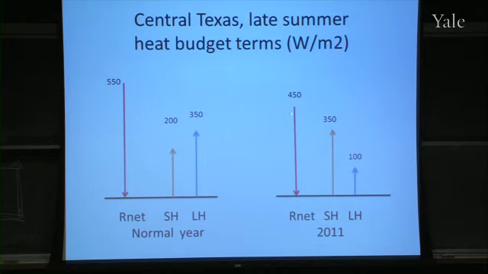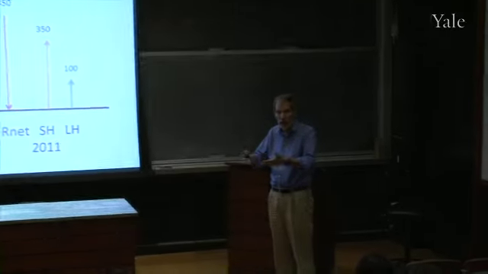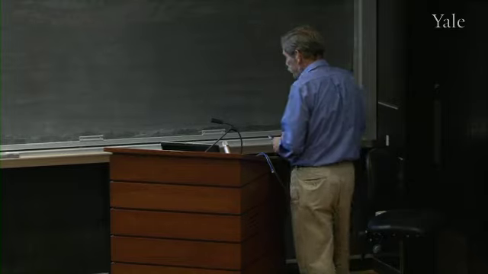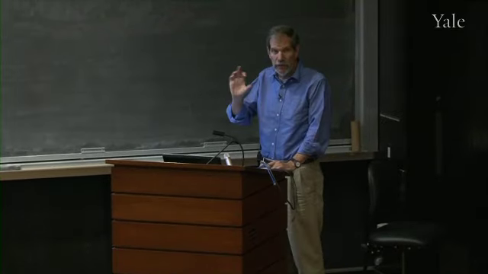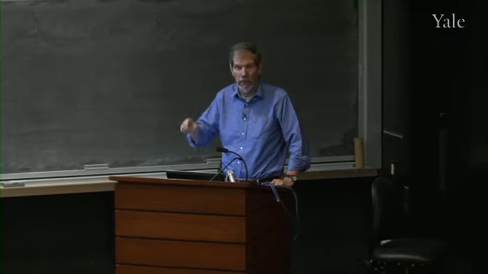So in spite of the fact that there's less net radiation to be partitioned, there's actually more sensible heat. In other words, the surface is heating the atmosphere directly more in this case than it would be in a normal year. That tells us how those two feedbacks work. The partitioning is more important than the albedo.